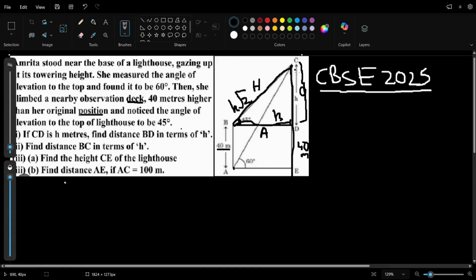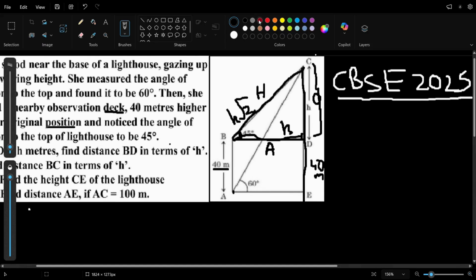Okay, you see this big triangle over here. I'm going to mark with red. You see this big triangle. This triangle is supposed to take the right angle.